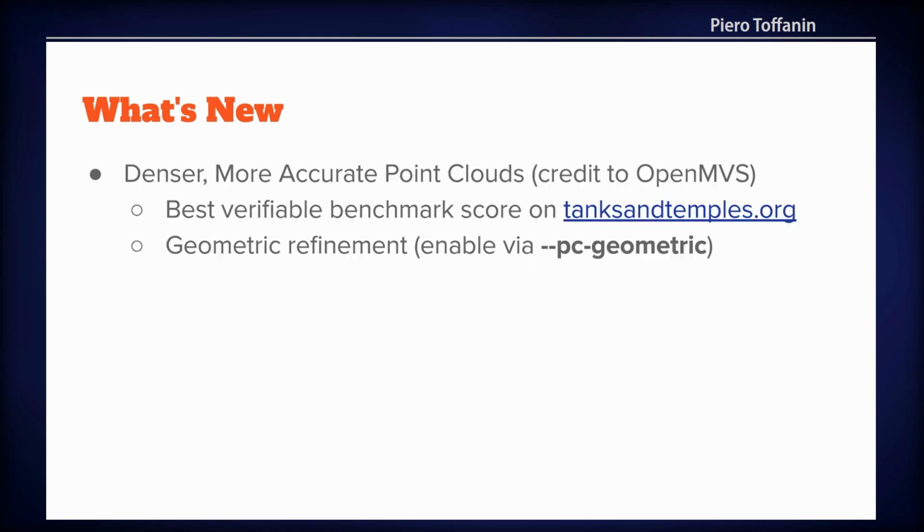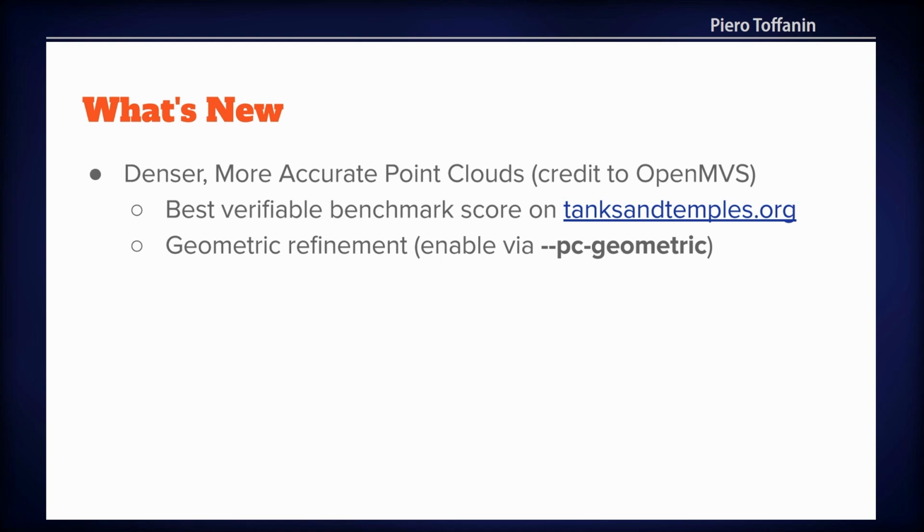Other things that we've done is we now create much denser and more accurate point clouds. This is mostly credit to the people at OpenMVS, which our project relies on. And it is currently the best verifiable score on one of the key structure from motion benchmarks.